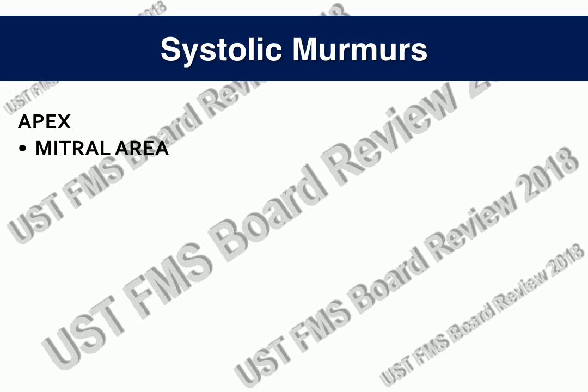During systole, the mitral valve should be closed because that's the time that the aortic valve should open in order to allow ejection of blood into the systemic circulation. But if you hear a murmur during systole at the mitral valve, that means there's a leak in the mitral valve, and that corresponds to mitral regurgitation.